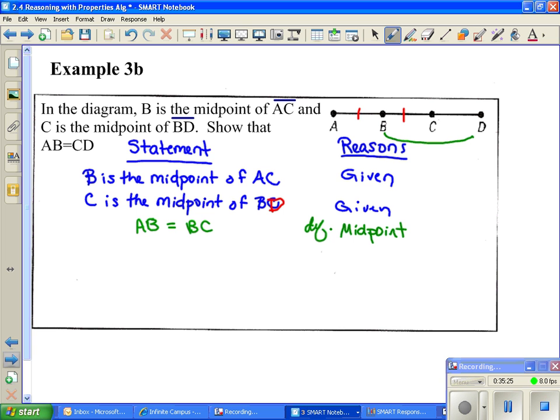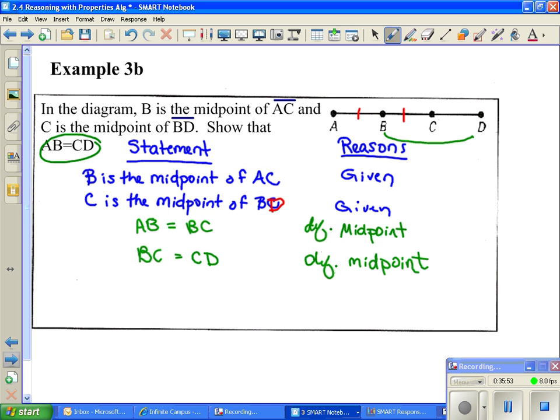Equal on both sides. So what are those sides? BC is equal to CD. And why is that? Because it's the definition of a midpoint. Good. You have to look at those squiggly things. It's a DEF definition. So you could write out definition or shorthand. All right, so we know this bit of information.